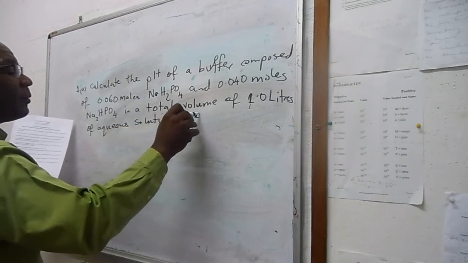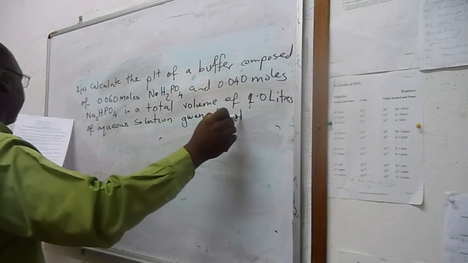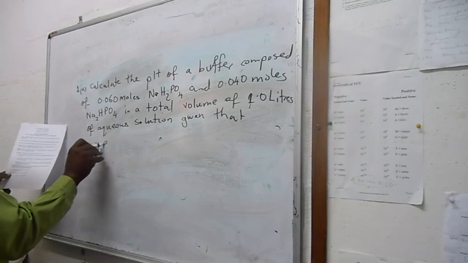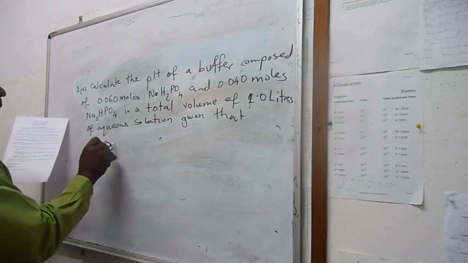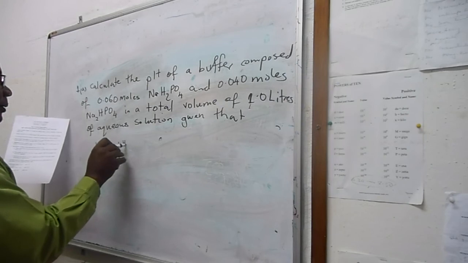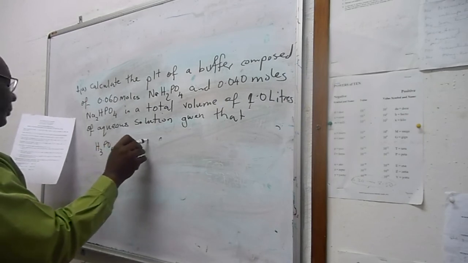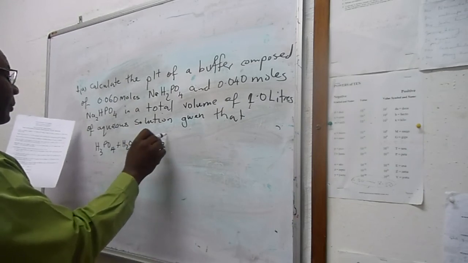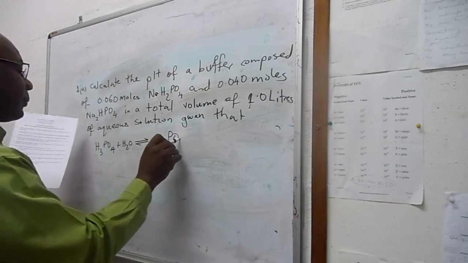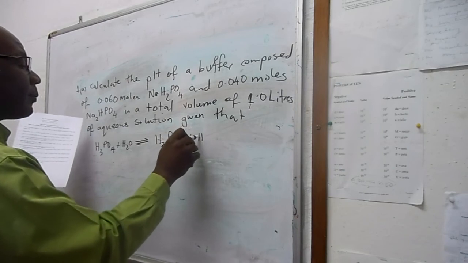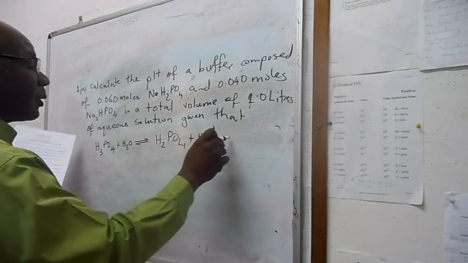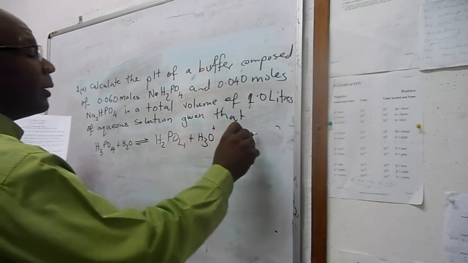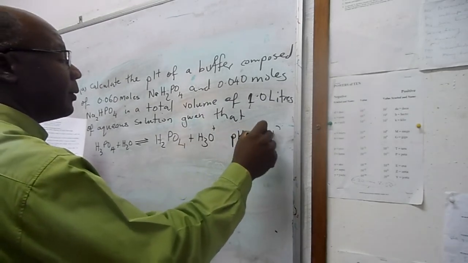Given that you are given the equations: H2PO4- plus water gives you H3O+ plus H3PO4, pKa 2.15.